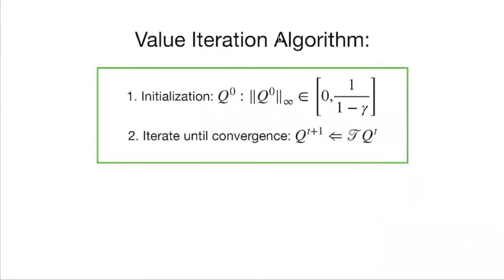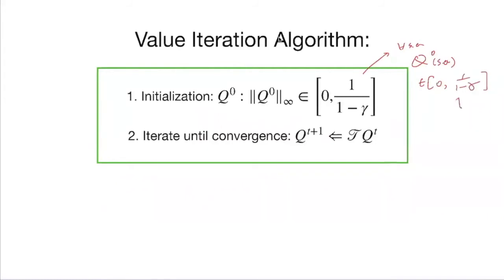Let's start with an initial guess, Q0. We're going to restrict Q0 to be inside the interval 0 to 1 over 1 minus gamma. This means that for all s, a, Q0(s, a) belongs to [0, 1/(1 minus gamma)].